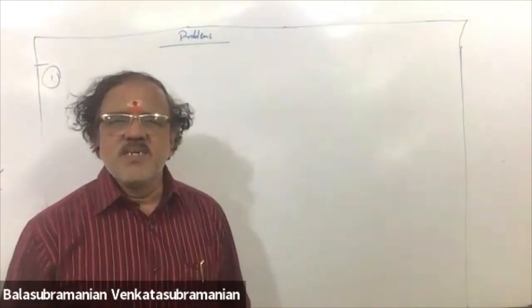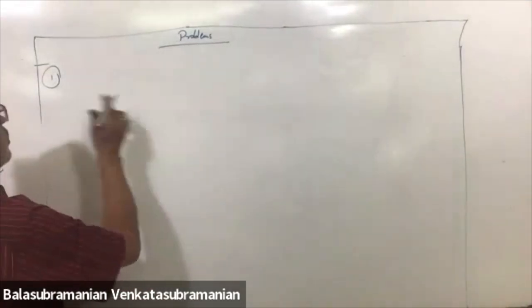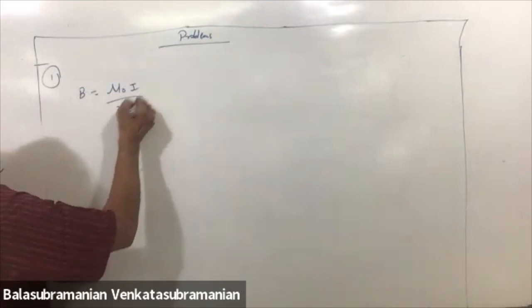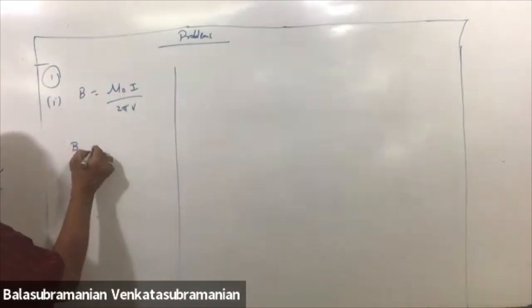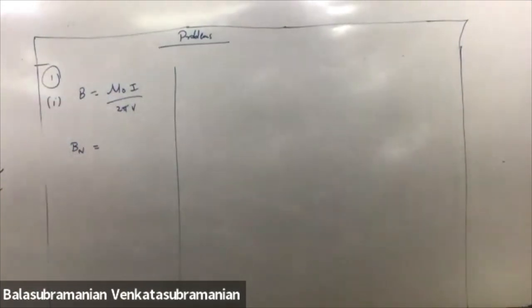That's all. Same formula: B is equal to mu naught I by 2 pi r. First case, B north. What are the data given? Current is 10 ampere. Distance is 10 centimeter.